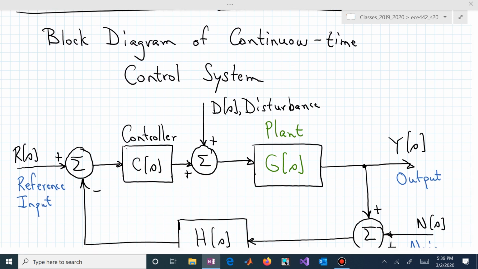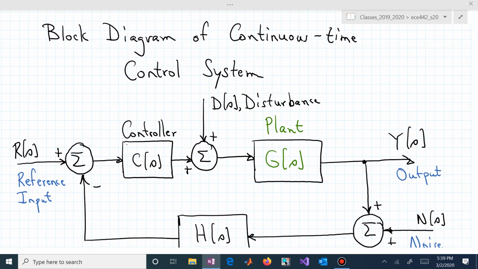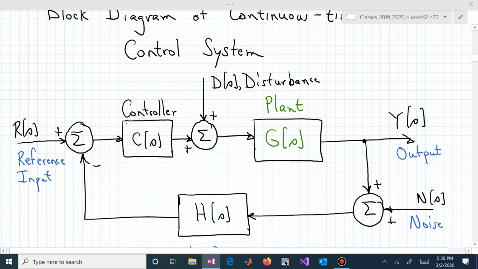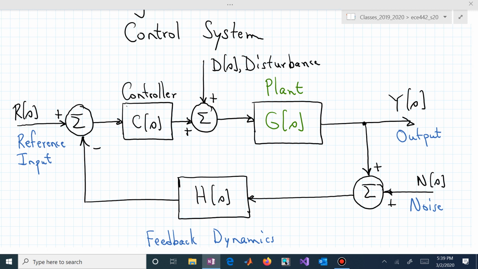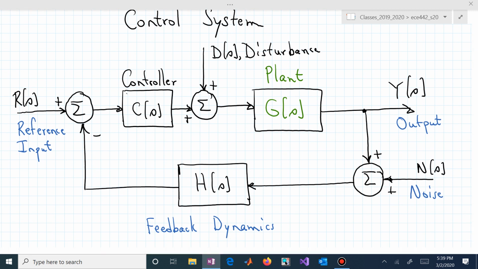To get us started, if you haven't had a continuous time control system, that's not that critical, but here is a block diagram of a continuous time control system, and it has a lot of different inputs associated with it.